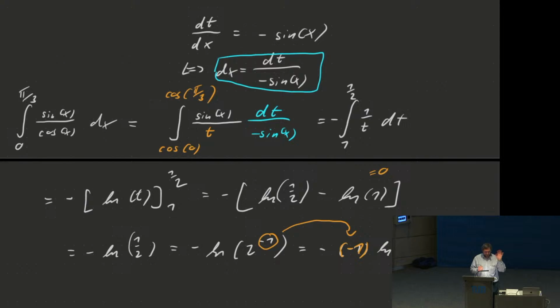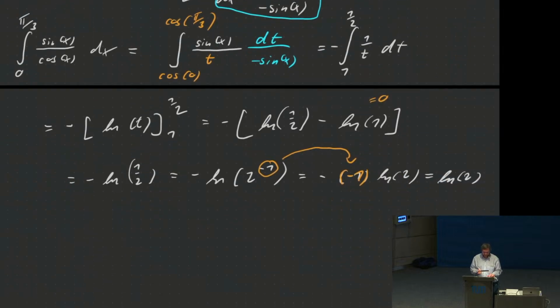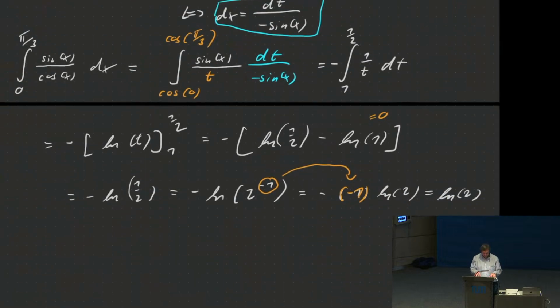I could also just forget about the bounds during the substitution, then compute the solution, and at the end, at this step, undo the substitution. So instead of t, I'd write cosine of x into the expression I have integrated, and then just solve with the old bounds. I could also do that. Any other questions about this one?